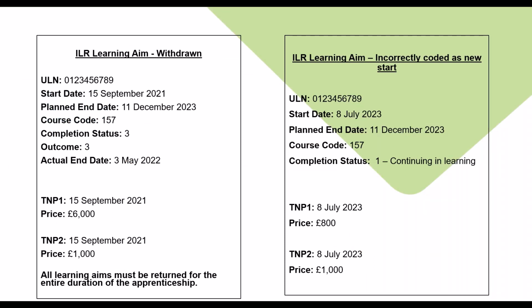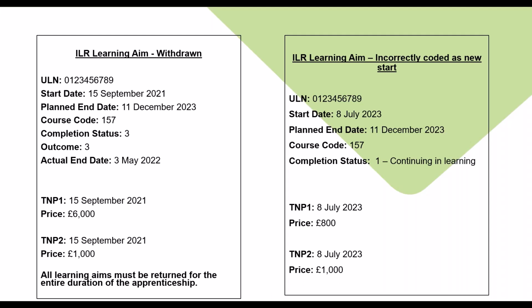And I wanted to include this one really because it is something we see providers doing wrong from time to time. We've already seen how we record a break in learning or withdrawal by closing one learning aim, and then if the apprentice returns, we open a new learning aim. And both of those learning aims should be recorded in the ILR for the lifetime of that apprenticeship.